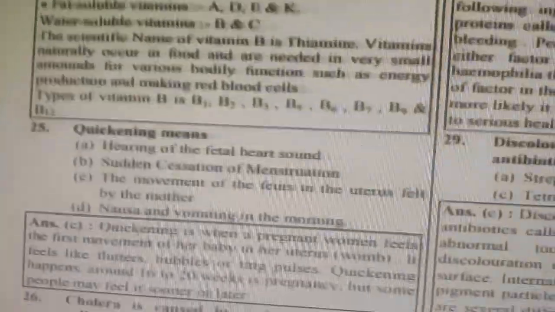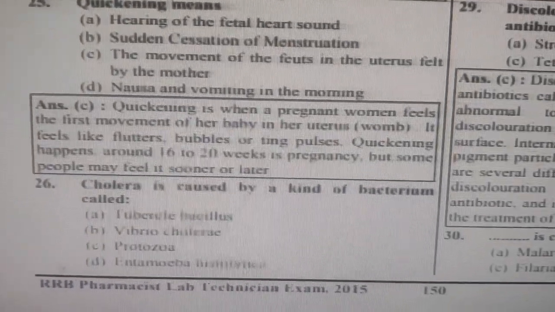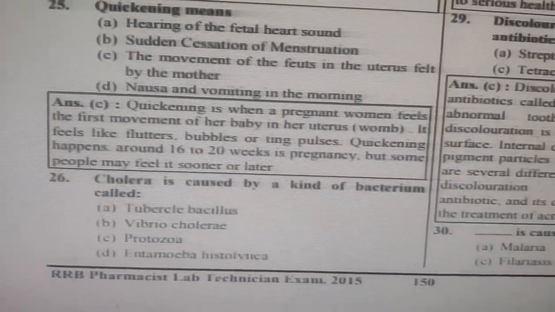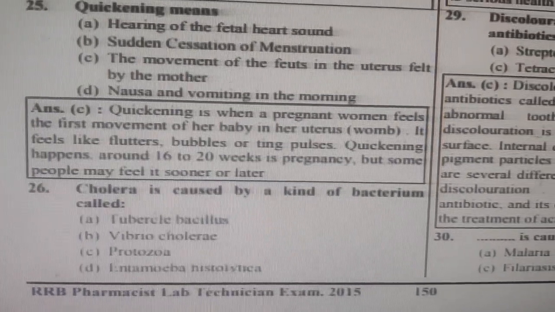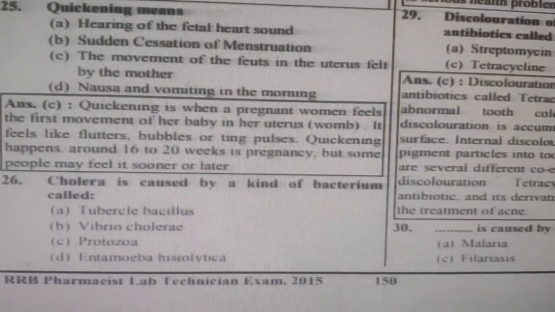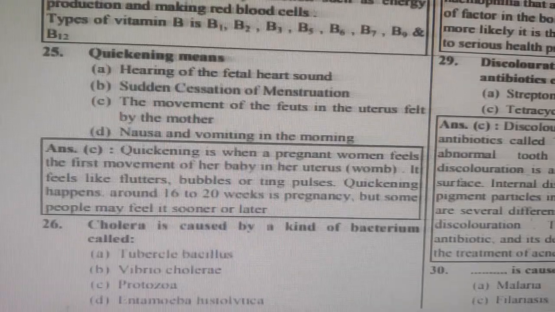Quickening means: option A, hearing of the fetal heart sound; option B, sudden stenosis of membranes; option C, movement of the fetus felt by the mother; option D, nausea and vomiting in the morning. Option C is the right answer.